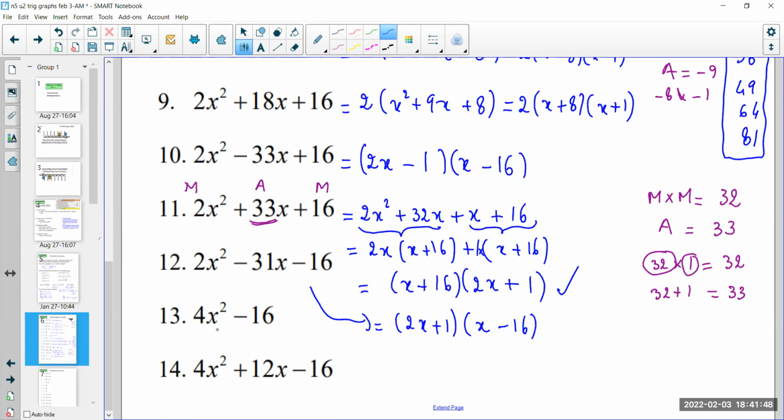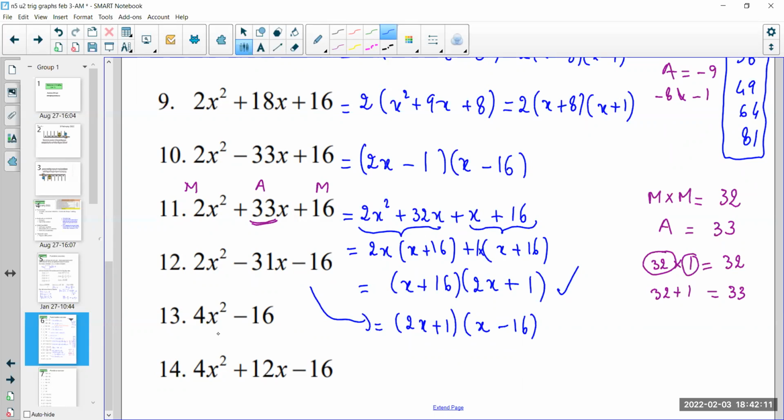Next one here, I've got 4x squared minus 16. So some people went and said, what is the first thing we need to see? I've got a 4 and I've got a 16. They're both even, but if I halve them, I still get both even numbers, 2 and 8. So I can halve them again.